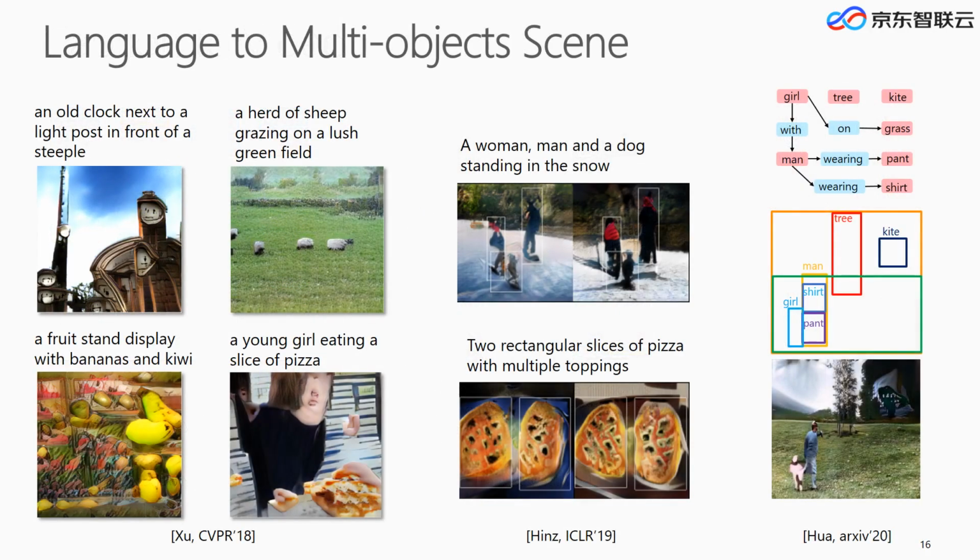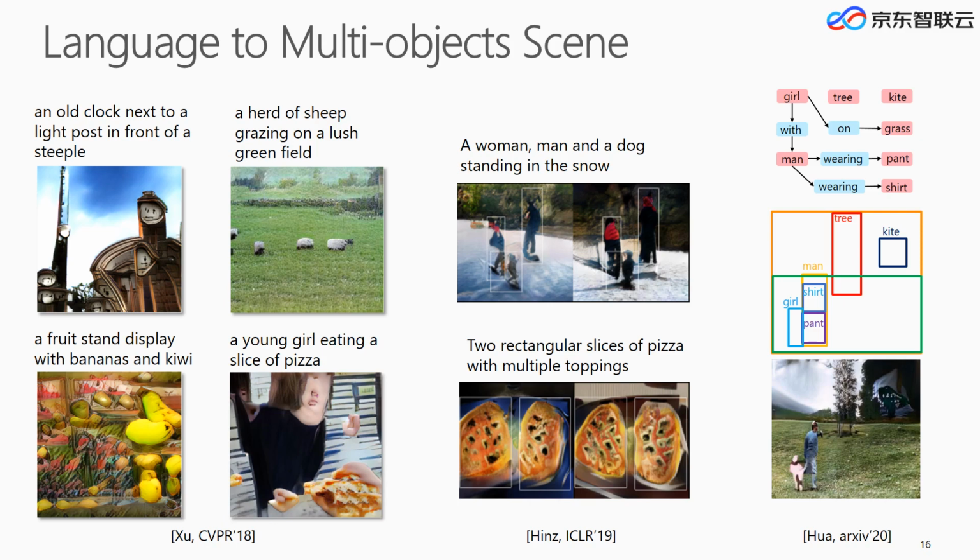Another example is the language to multiple object image generation, which also achieves substantial progress. We can see a clear path going from irregular object shape, structure, and layout. More pleasant results start to come out by applying a more structured language input. For example, a scene graph.